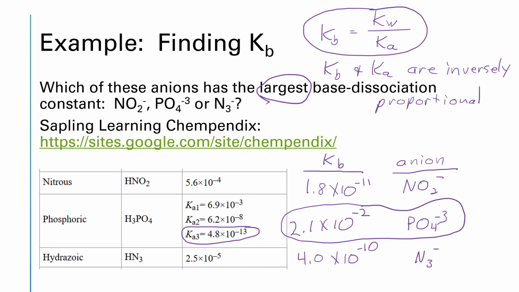So we could just simply compare these three Kas, 5.6 times 10 to the minus 4, 4.8 times 10 to the minus 13, and 2.5 times 10 to the minus 5. The smallest of these was for the hydrogen phosphate acid. And so that means correspondingly the biggest Kb would be for that one.